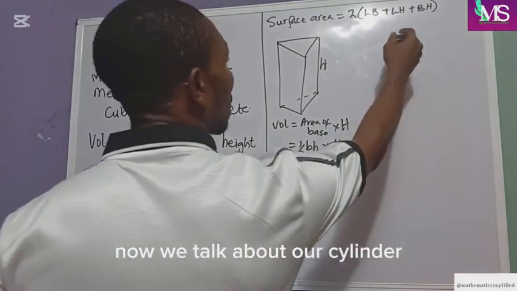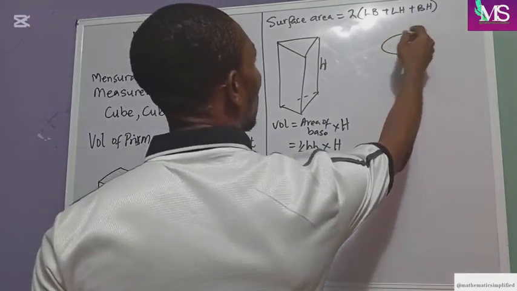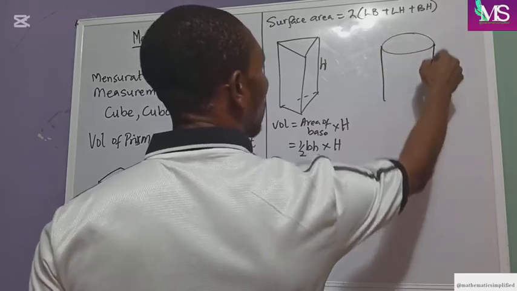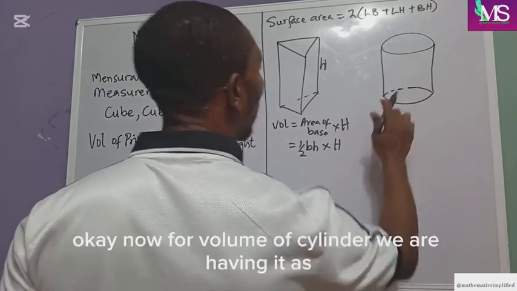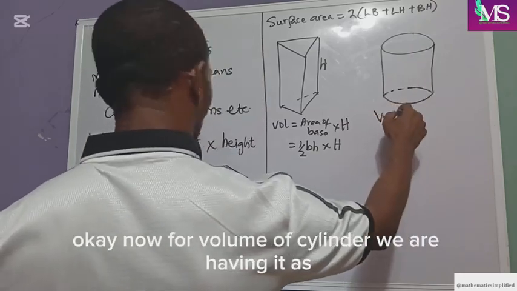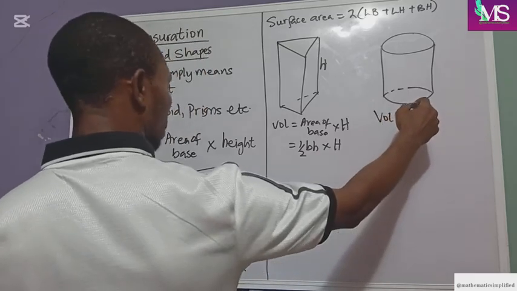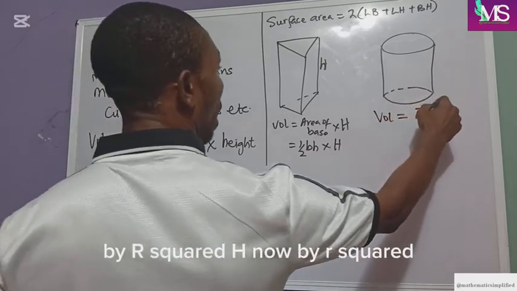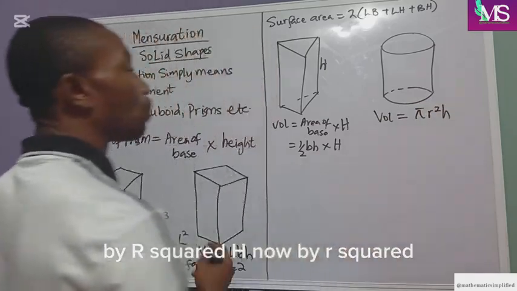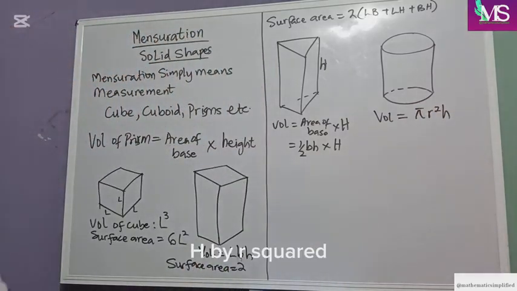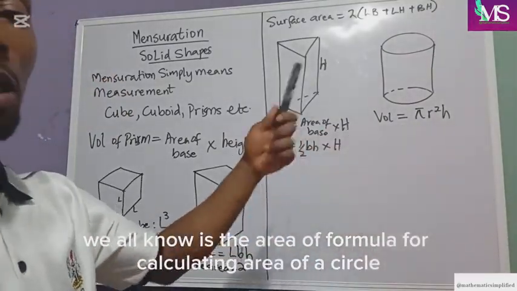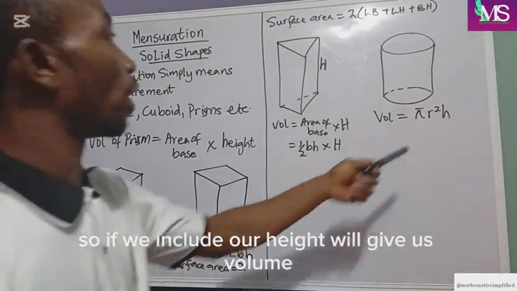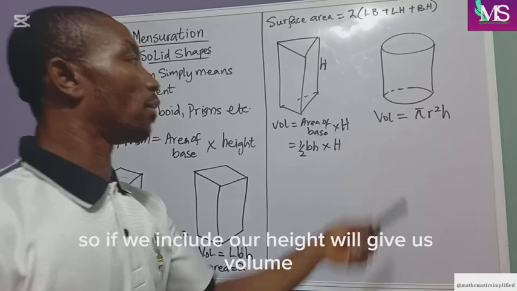Now we talk about a cylinder. Okay, now for the volume of a cylinder, we have it as pi r squared h. Now, pi r squared, we all know is the formula for calculating the area of a circle. So if we include our height, it will give us volume.